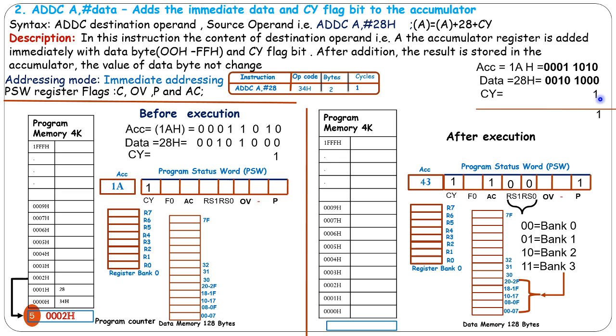The carry flag is 1 here, so 0 plus 0 plus 1 will be 1, sum 1, carry 0. Then 1 plus 0 will be 1, and 0 plus 0 will be 0. Now 1 plus 1, sum is 0, carry will be 1.